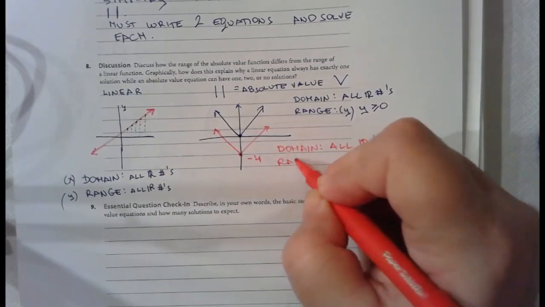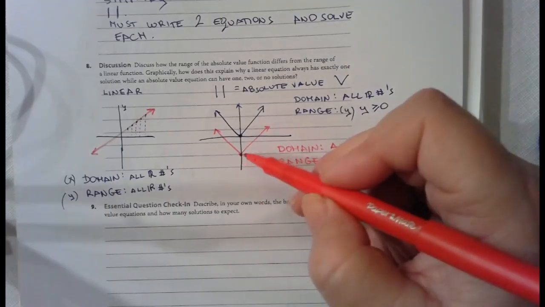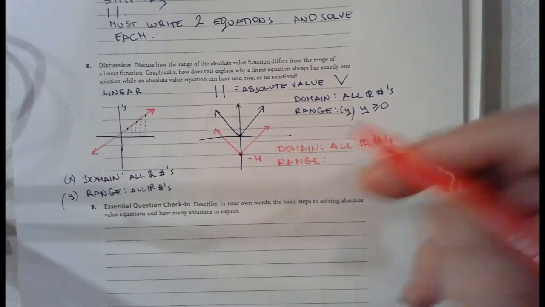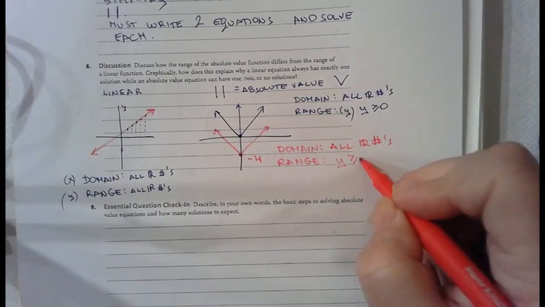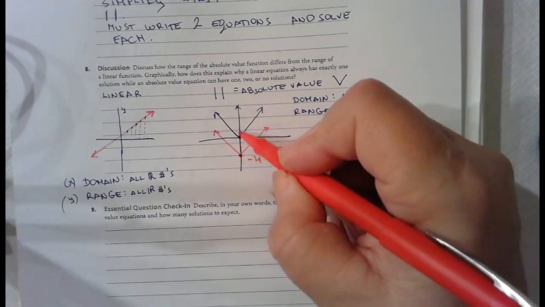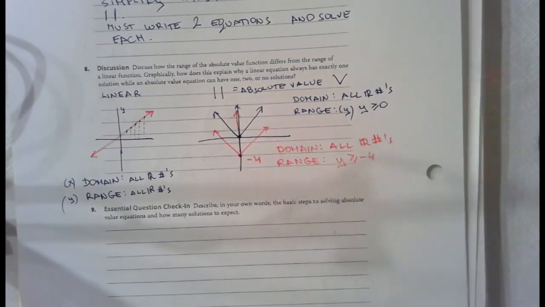Now your range has changed. Your range has to be numbers that are greater or equal to what number? It cannot be lower than -4. So y is greater or equal to -4. Okay, my range are all the numbers that go into this direction. So it can be bigger than -4, but they can never be lower than -4.